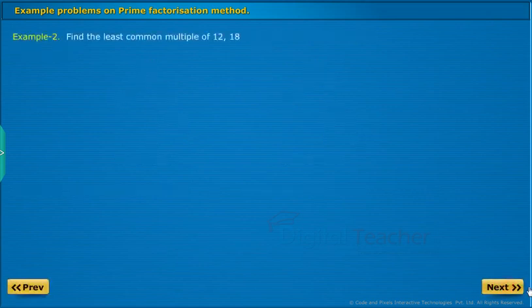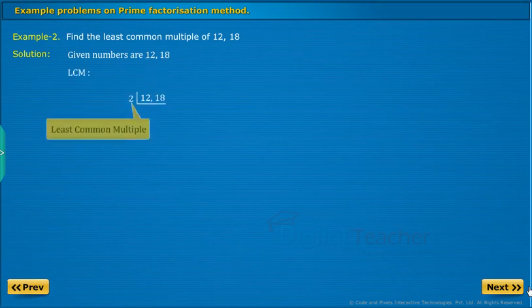Find the least common multiple of 12, 18. To find the least common multiple of the given numbers, consider the number 12 among the given numbers. It can be written as the product of 2. The number 18 can be written as multiples of 2. The number 6 is further expressed as a factor of 2, keeping the other number unchanged.